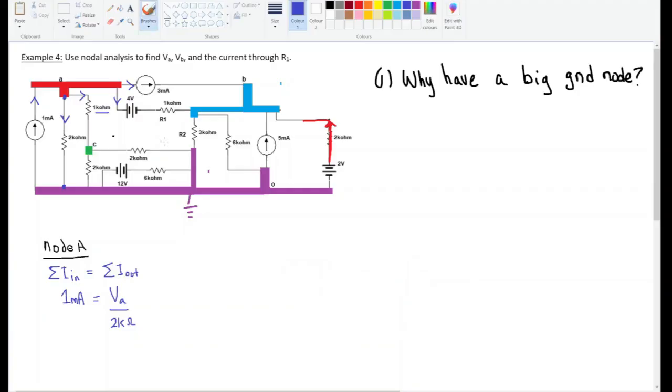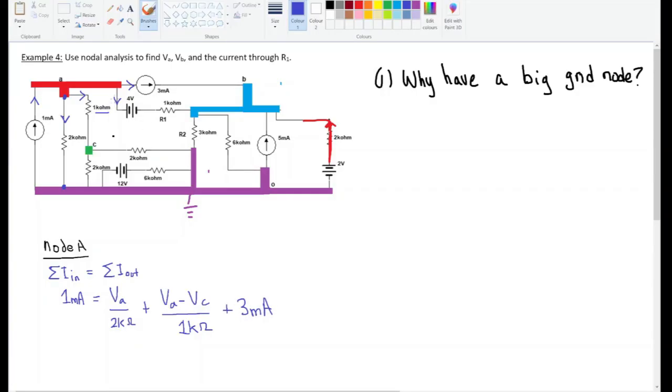So we'll add that up here because it's the sum of the currents out. Sum means you add. So that's VA minus VC over 1 kilo ohm. Okay. Then we have these two currents over here. So we have this one over here, which we know is 3 milliamps because the current source tells us that. So that's going to be plus 3 milliamps.